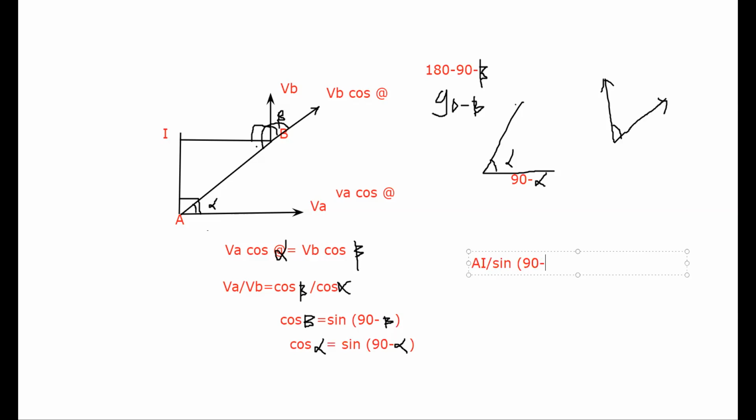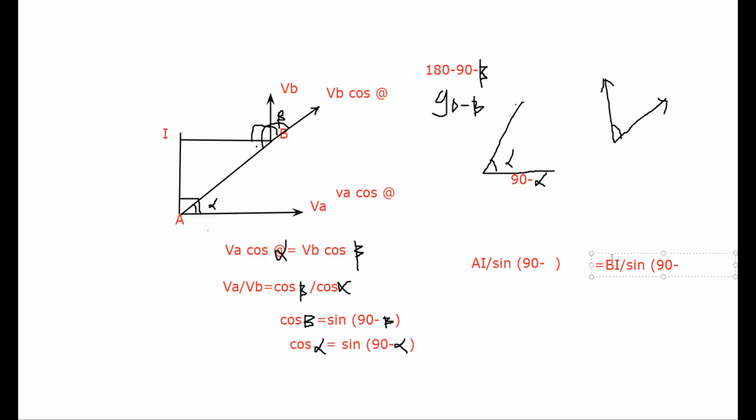Similarly for this also, on the other side, by applying Lami's theorem, equal to BI divided by sine 90 minus alpha.